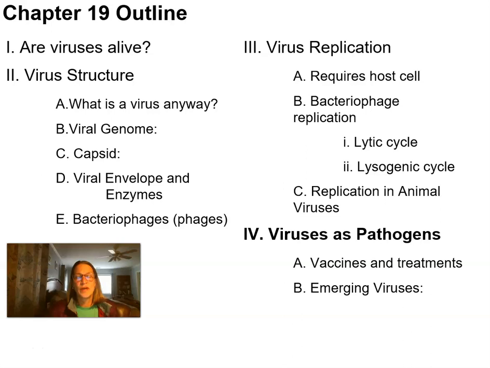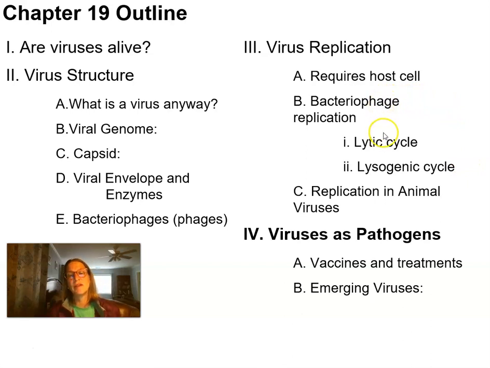So we are now going to talk about viruses as pathogens. So we talked about virus structure. We spent a little bit of time on the different types of viruses and how they look, and then we spent a little bit more time on bacteriophages, which again are the ones that infect only bacteria. We talked about virus replication. Most of that was spent on bacteriophage replication, the lytic and lysogenic cycles.